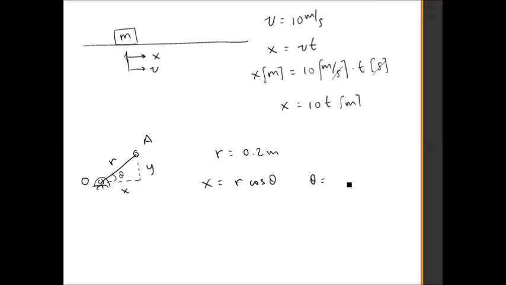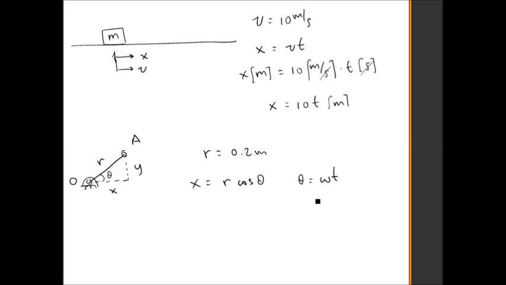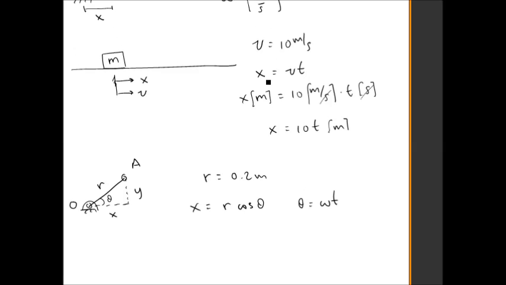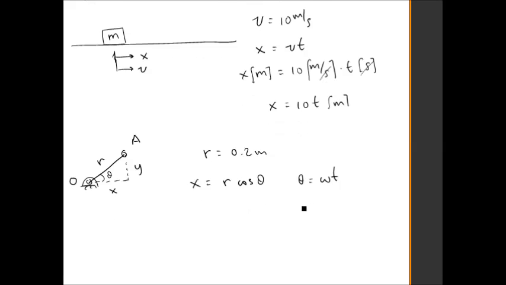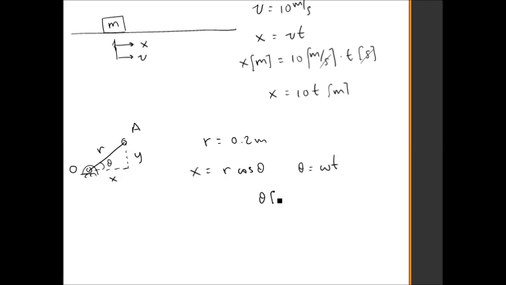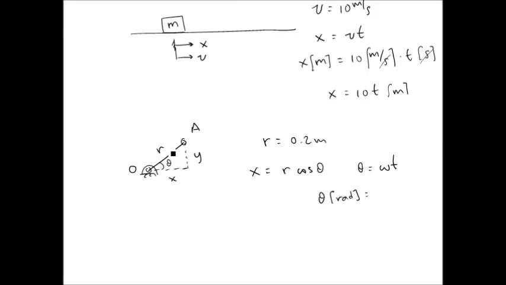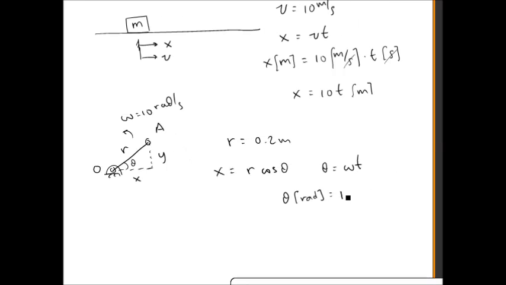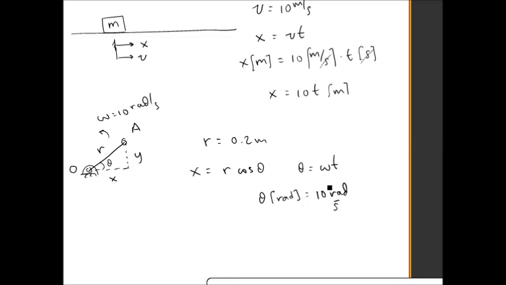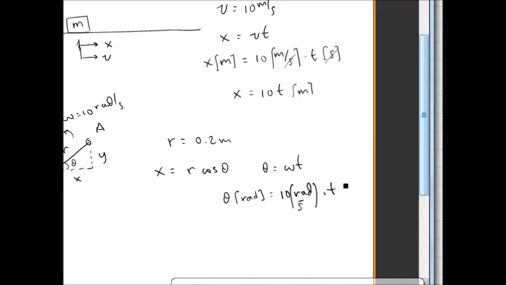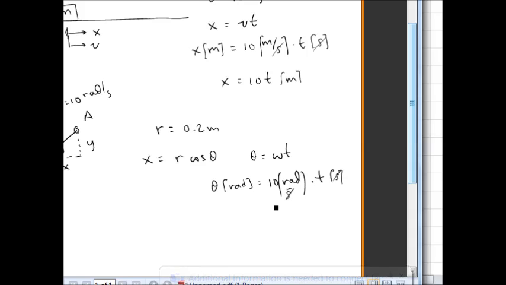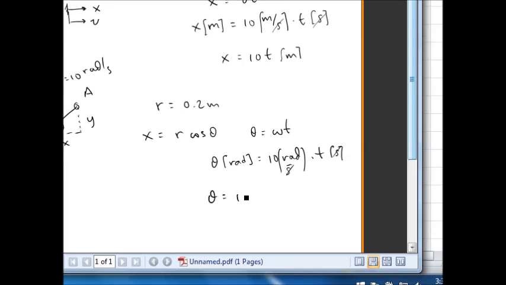Theta is going to be omega times time, in a manner similar to distance being velocity times time. And if we look at the units there, theta in radians, let's make omega equal to 10 radians per second. So we're going to have 10 radians per second times time in seconds. Again, the seconds will cancel out. So theta is going to be 10t.